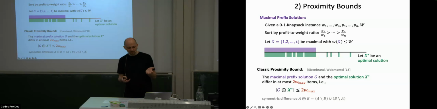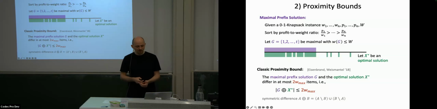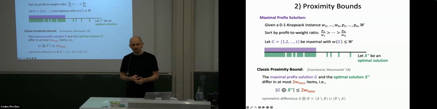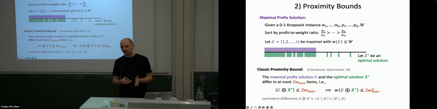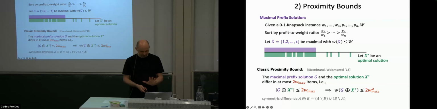Eisenbrand and Weismantel were the first to pioneer this proximity bound, where they showed that G and X star differ by at most 2 W max many items, which also implies that they differ by total weight at most roughly W max squared. All right.